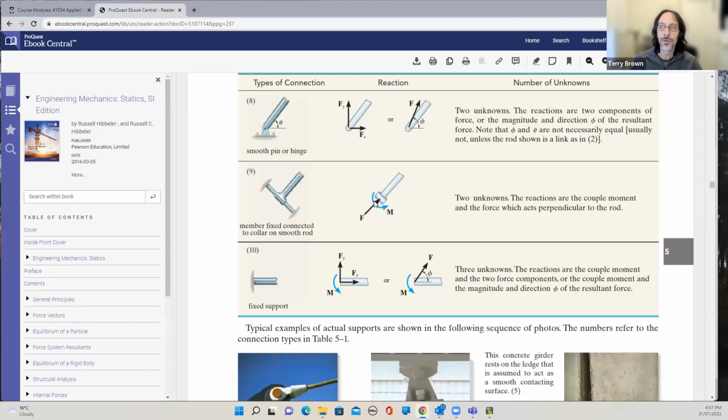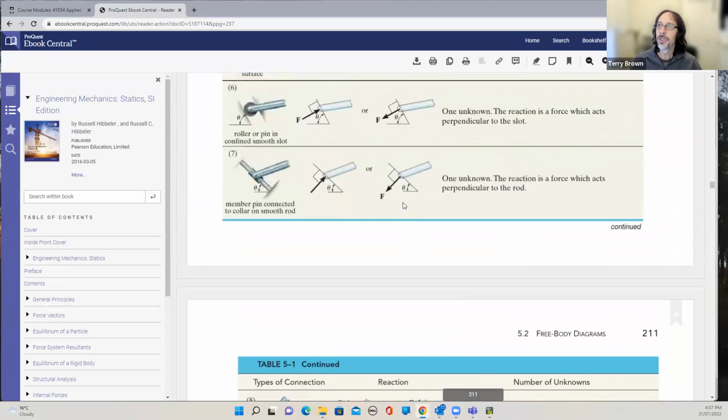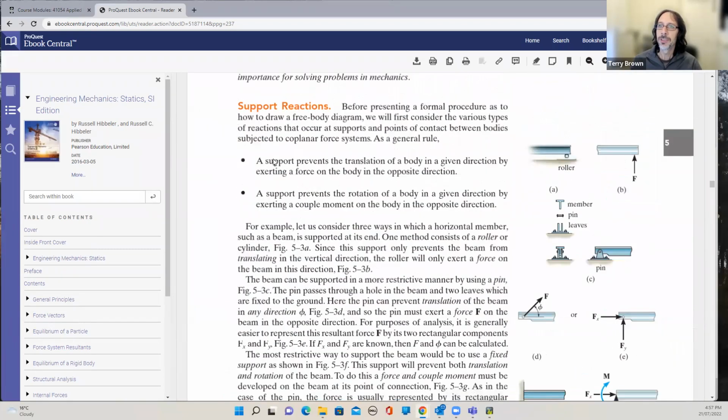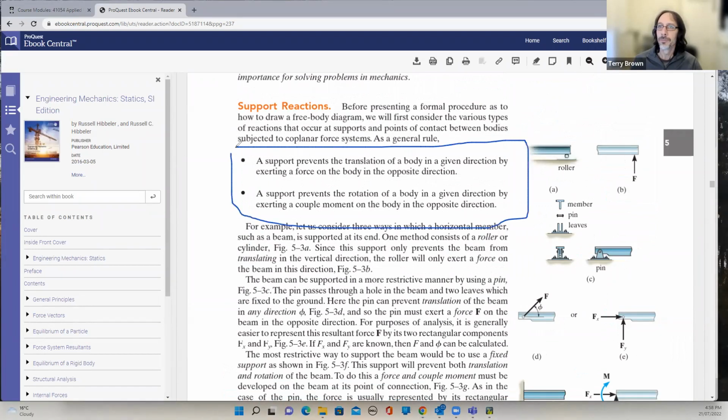Or if we go to the definition, if we go back up to here, there are these two statements. These two statements tell us how to work out whether we put a force or a moment or any type of constraint.